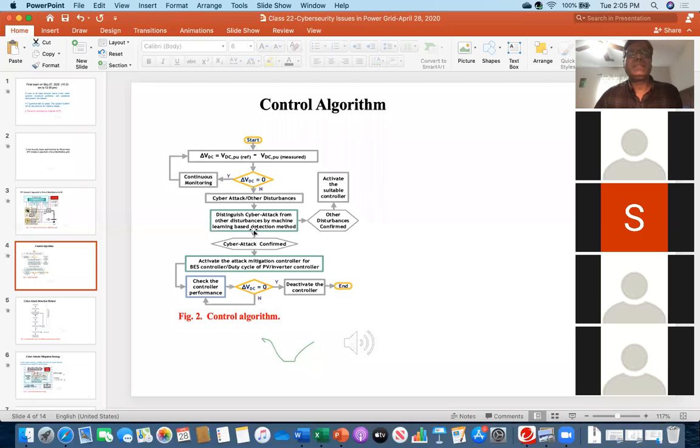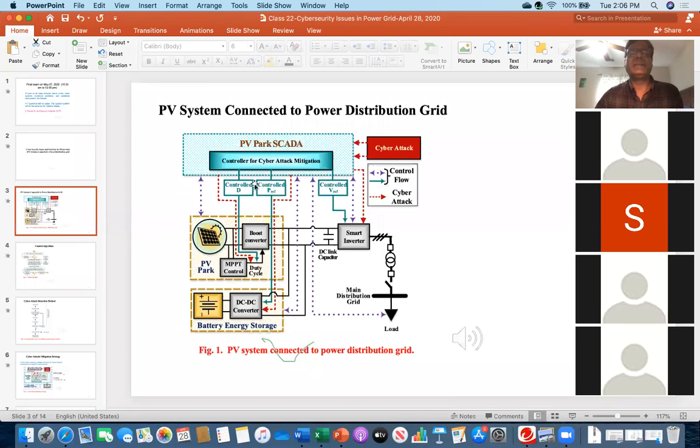So if it is not other disturbances, if a cyber attack is confirmed, then activate the attack mitigation controller for that energy storage controller or duty cycle or inverter. This means, going back to this again, once you are confirmed that this is a cyber attack, only then you activate these controllers.